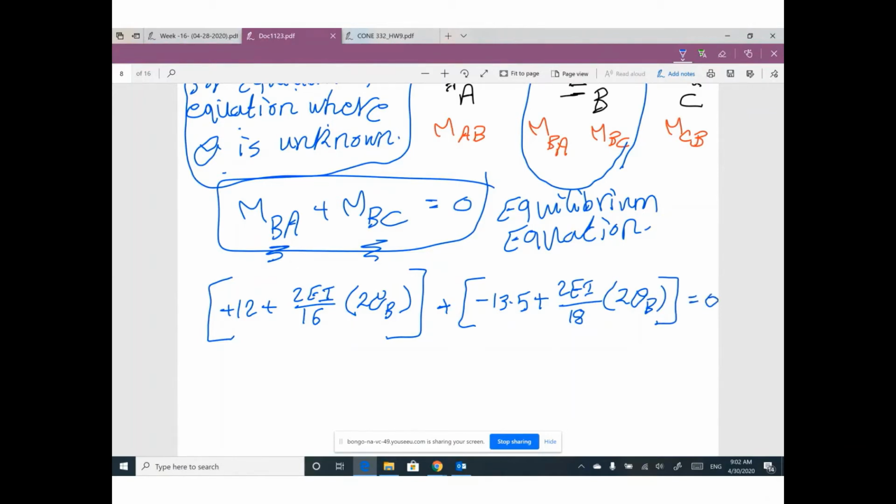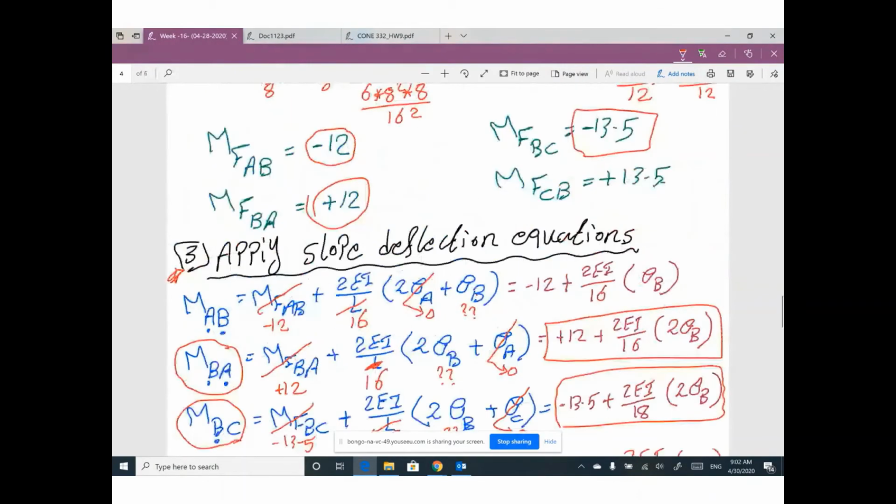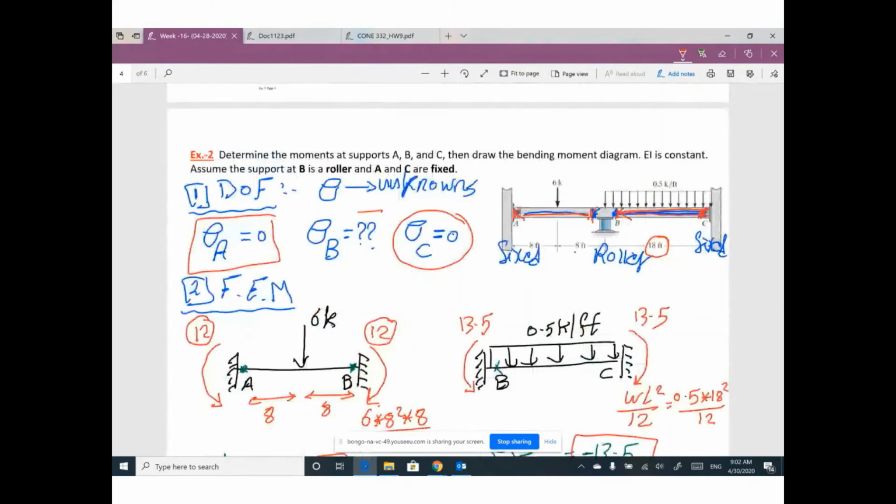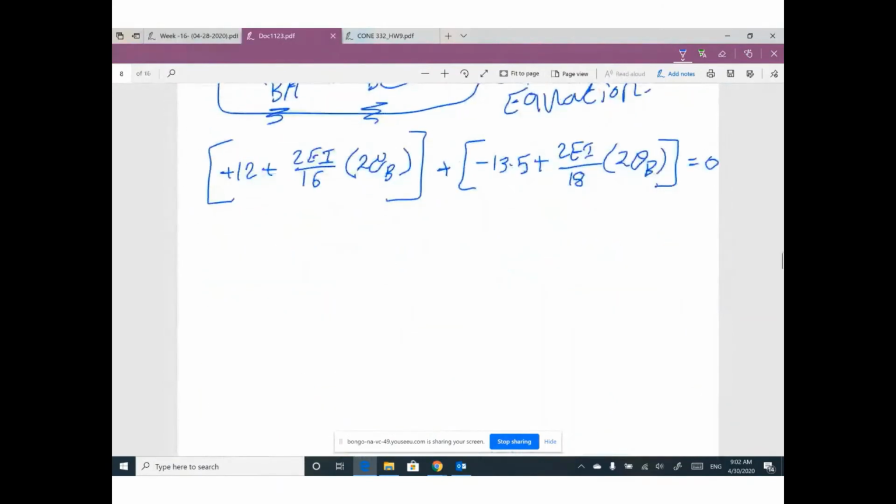If you look back to this equation, you can find that we have only one unknown, theta B, which is the only unknown in this problem. Okay, go ahead and solve. Positive 12 minus 13.5 is negative 1.5.